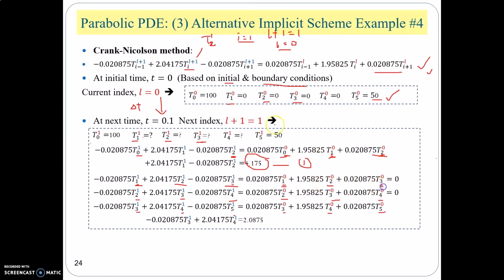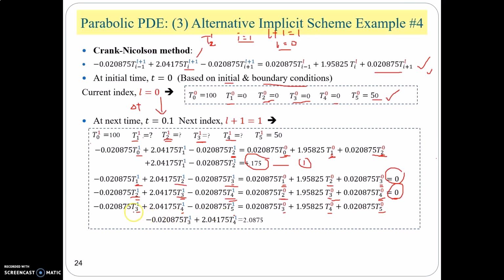Since all of them are 0, you obtain 0 on your right side. Then we continue, substitute the T21, T31, T41. Since we don't know the answer here, we just leave them here. And then T20, we can find it to be 0. T30 and T40 are 0 as well. Therefore, you obtain 0 on your right side.